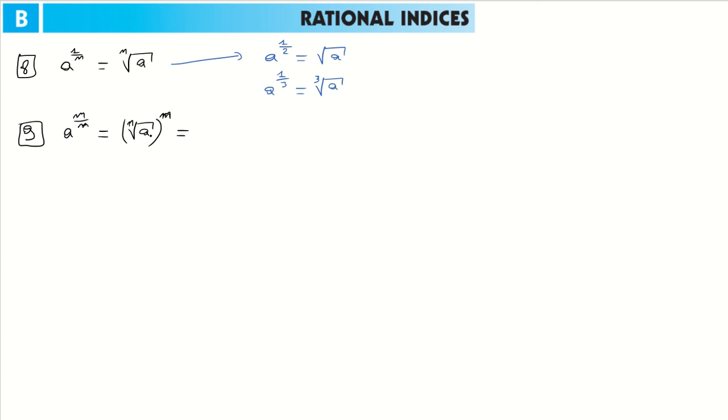That is equal to, we can also write that down as, we can first do to the power of m and then take the nth root, so that becomes a to the power of m, and we take the nth root of that. That is also something we can do. So this is the 9th index law.